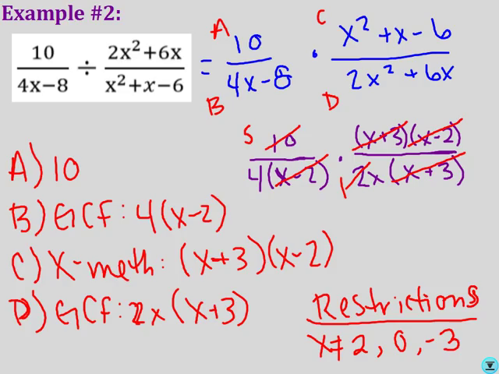So our final solution, and I'll try to write it in a blue so that you can see it better. All I have left in my numerator is 5 over 4x, where x cannot be all of those restrictions, 2, 0, and -3.